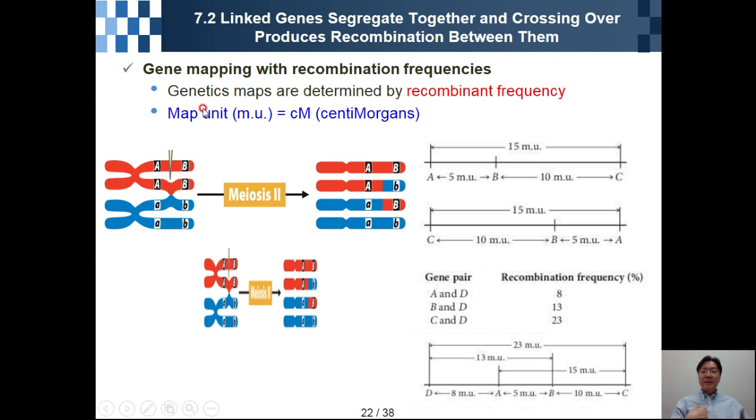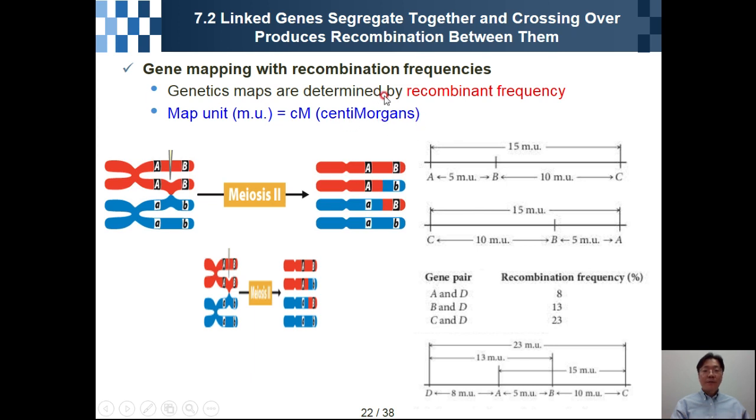So usually the genetic maps are determined by recombinant frequency. For example, in these cases, A and B is the recombination. The genetic map unit is mu, the centimorgan.